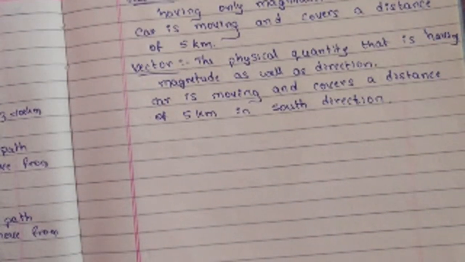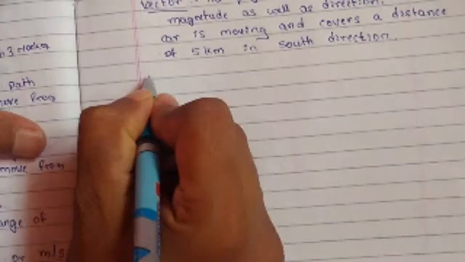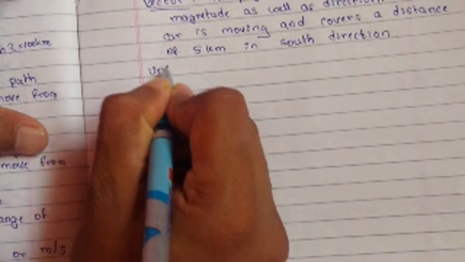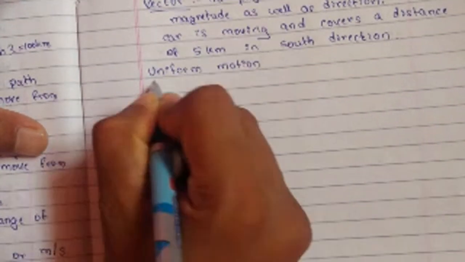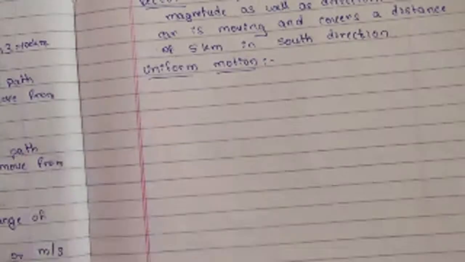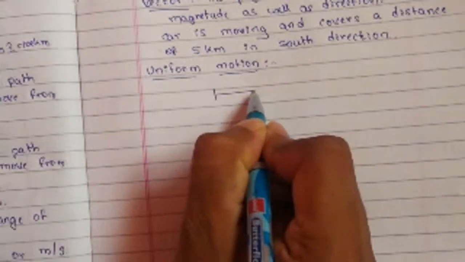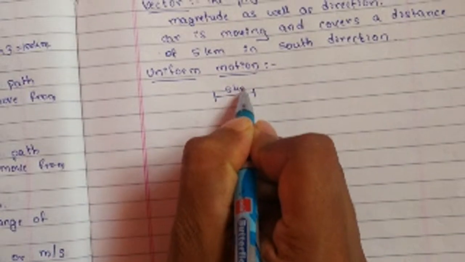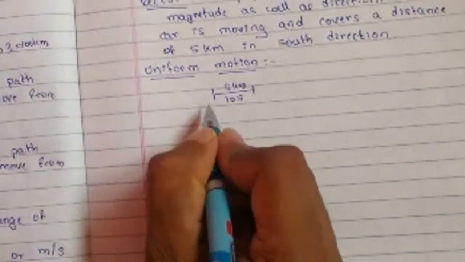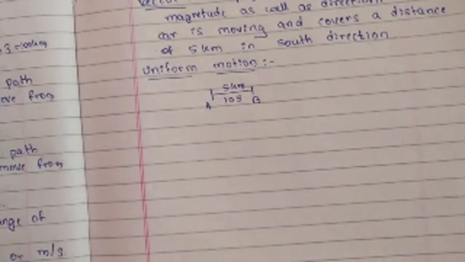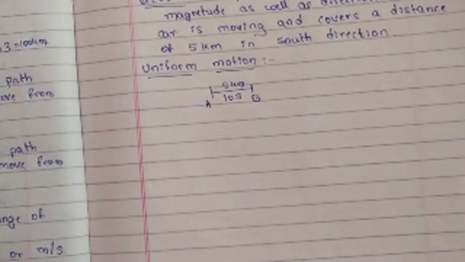Okay, next concept is uniform and non-uniform motion. The next concept is uniform motion. So for example, an object covers a distance of 5 km in 10 seconds. Okay, this is point A and this is point B. The object moves from point A to point B in 10 seconds and covers a distance of 5 km.